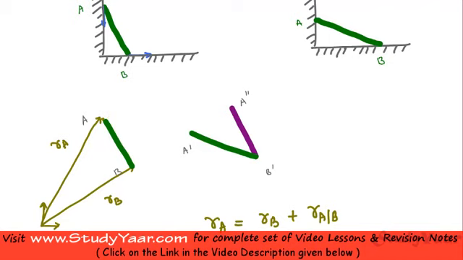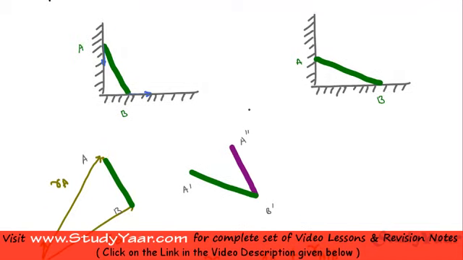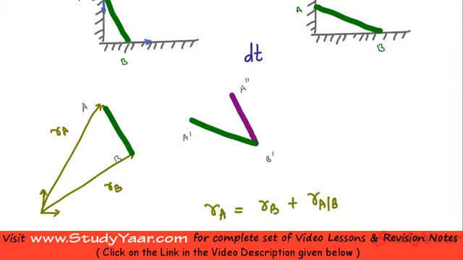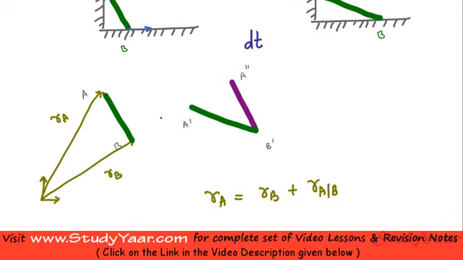Now we are assuming that in a short duration dt, the rod has changed its configuration from this position to this position. In time dt, RB, which was like this, has now become like this.